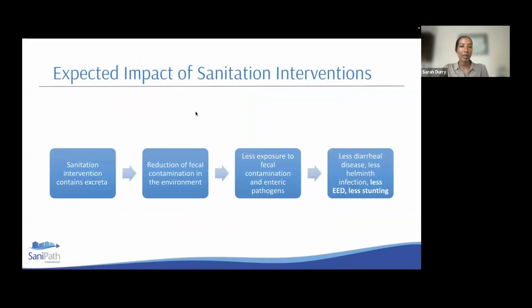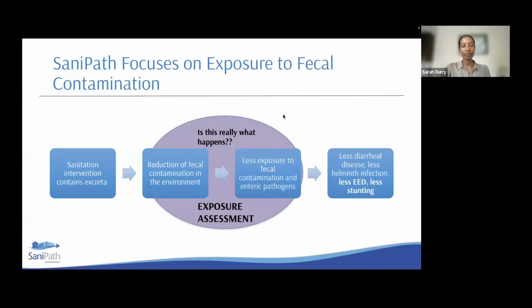So what are the expected impacts of sanitation interventions? Essentially, reduction of fecal contamination in the environment should give us less exposure to fecal contamination and enteric pathogens, and essentially less diarrheal disease, less helminth infections, less EED and stunting. But is this what really happens?